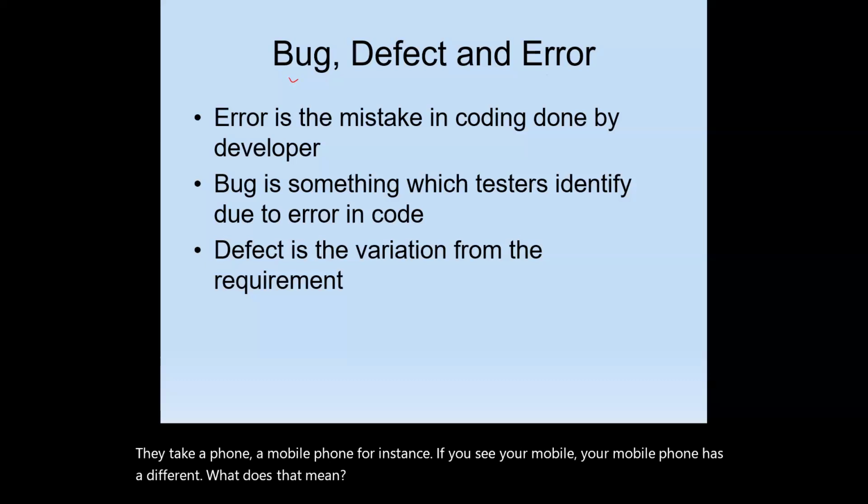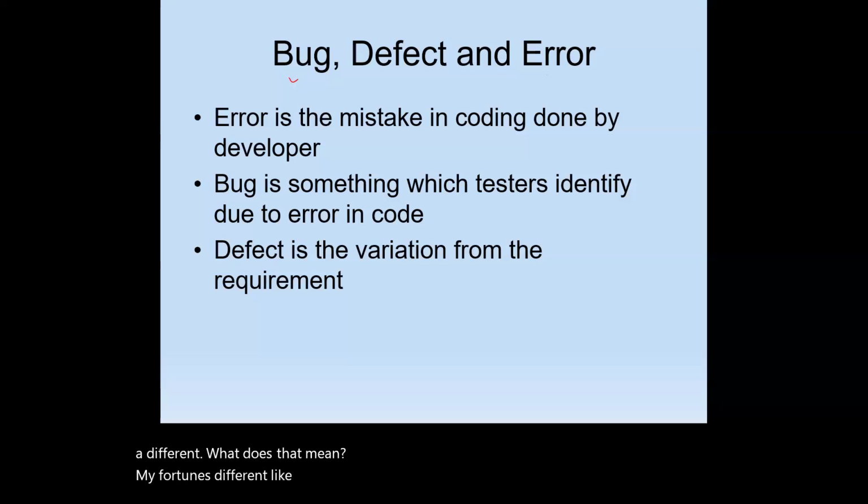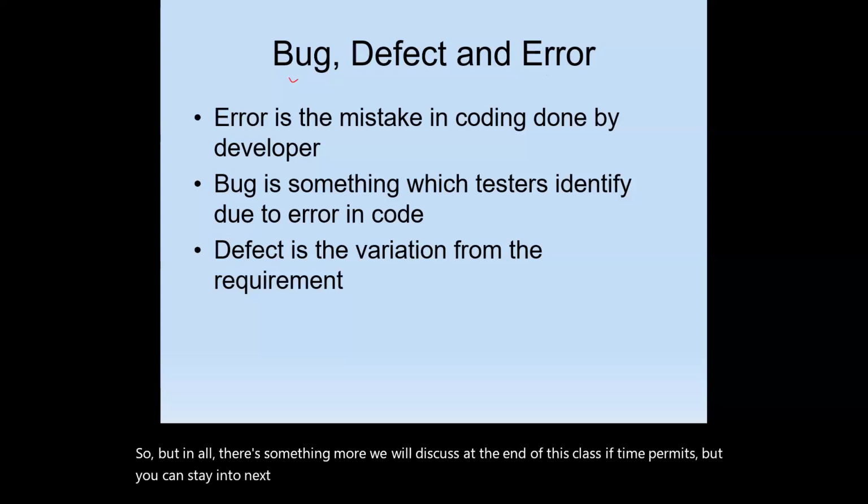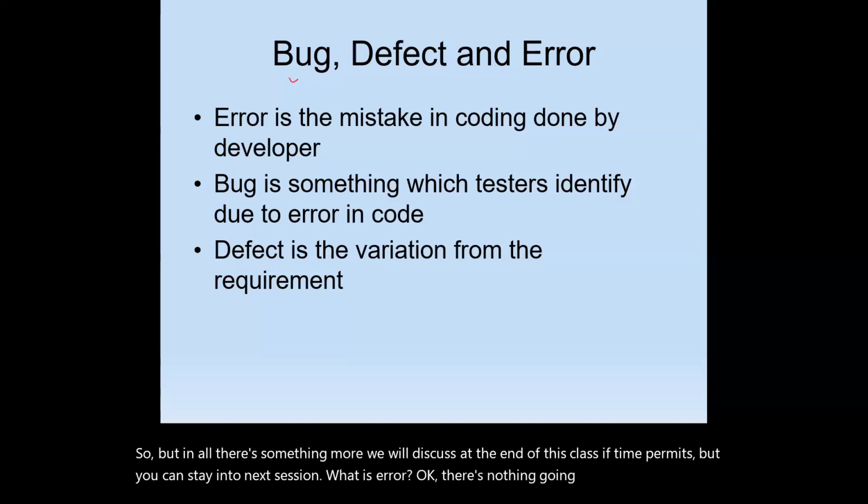It malfunctions, like audio not working well. So it's a defect. There's something more we will discuss at the end of this class, if time permits, otherwise in the next session.